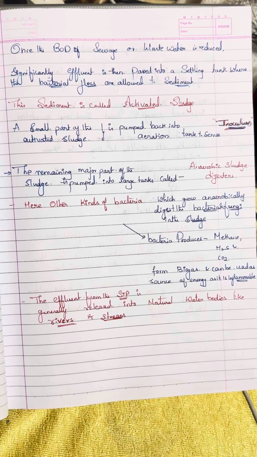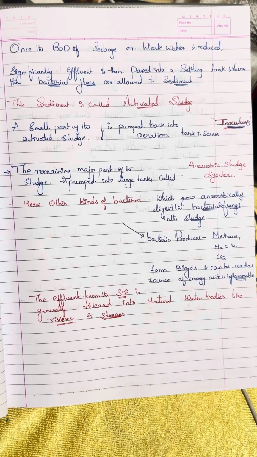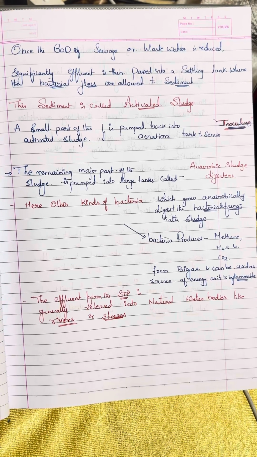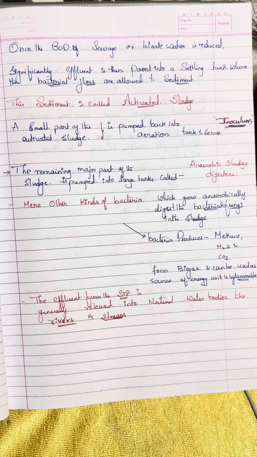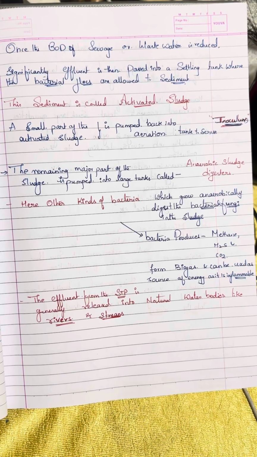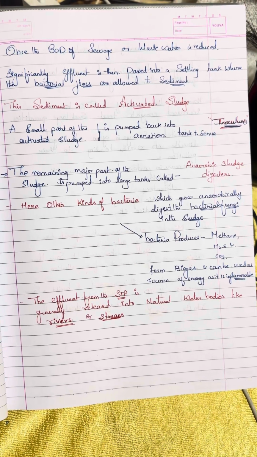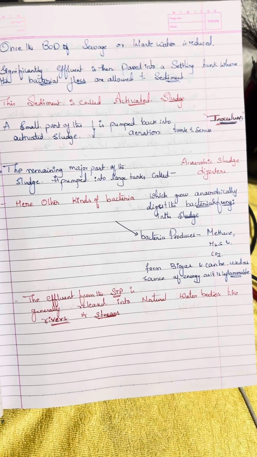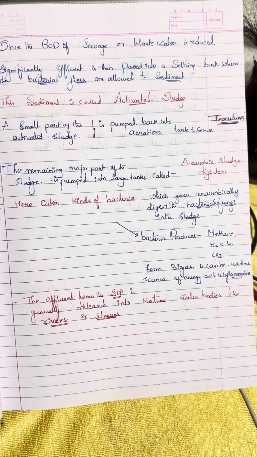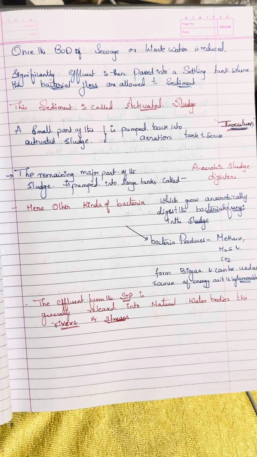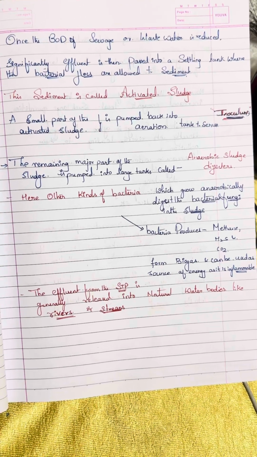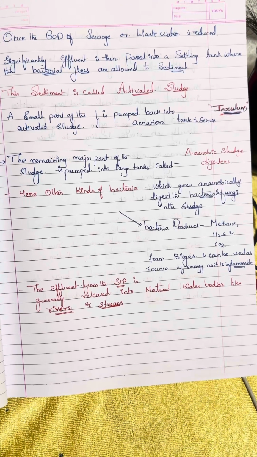The remaining major part of the sludge is pumped into larger tanks called anaerobic sludge digesters. Here, other kinds of bacteria which grow anaerobically digest the bacteria and fungi in the sludge. These bacteria produce methane, H2S, and carbon dioxide, which form the biogas and can be used as a source of energy as it is inflammable.